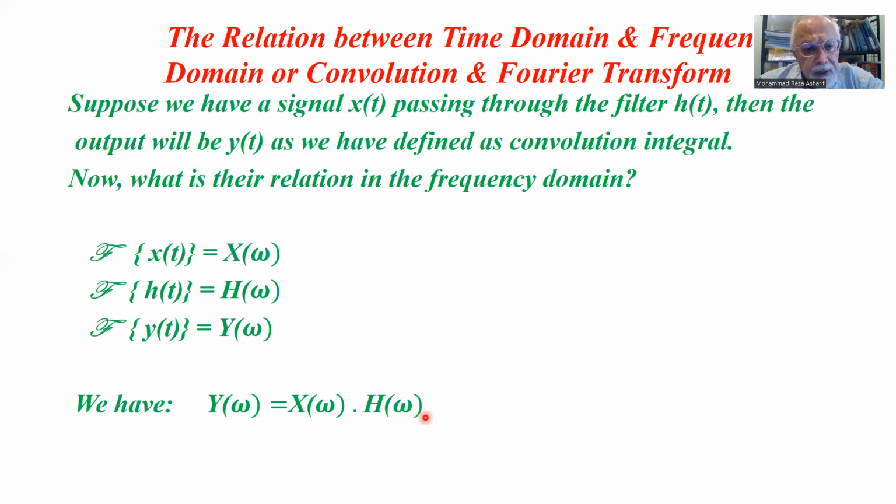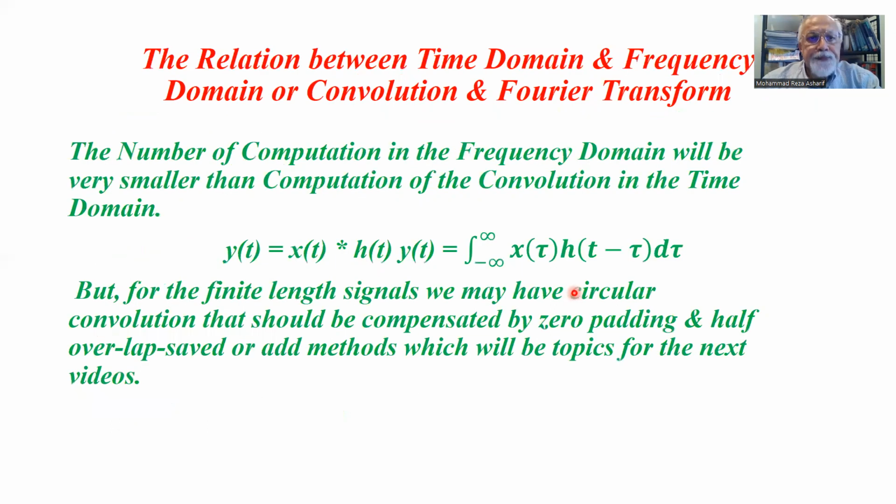This is very important because this multiplication is performed at each frequency bin. I mean, each frequency is multiplied to find the new magnitude and phase in the frequency domain, rather than convolution, which is a very complicated calculation.